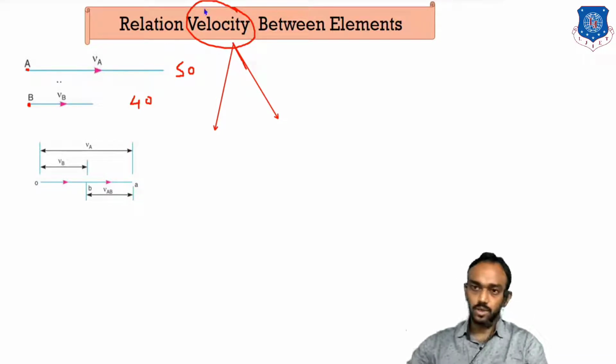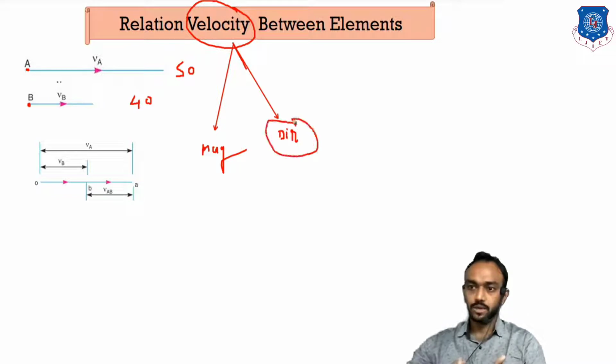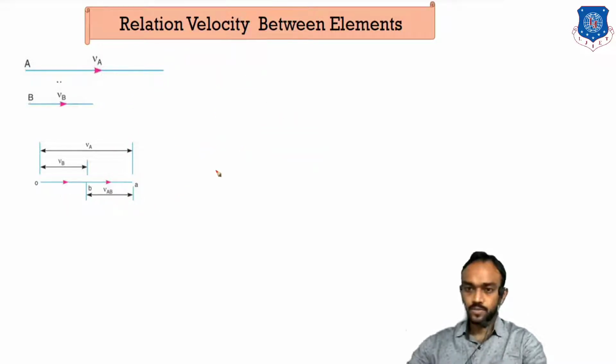So in this chapter, whenever you want to show the velocity of any element of a mechanism, you first need the magnitude, and second the direction, and for direction we will draw the vectors. First of all we have to take some reference, so we take O as the origin point or any fixed point.